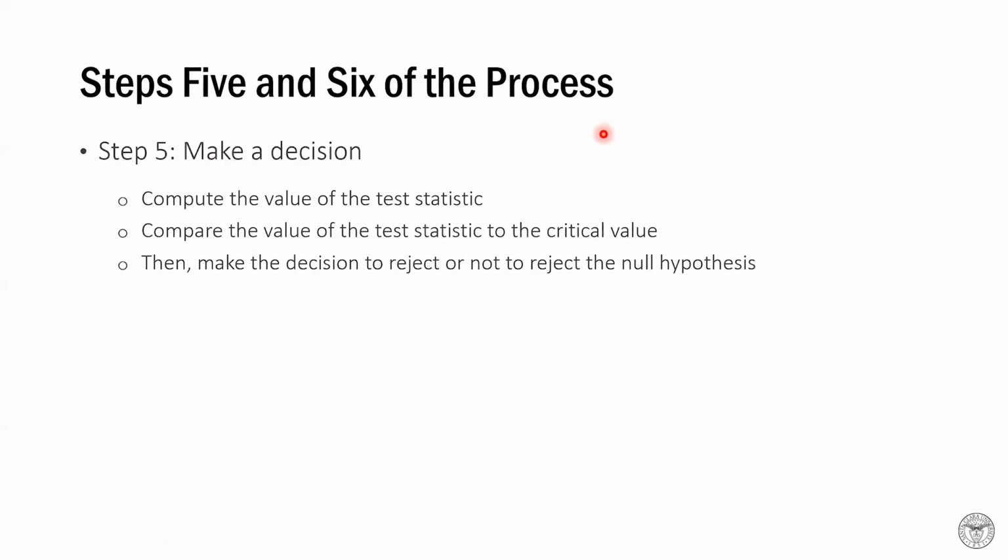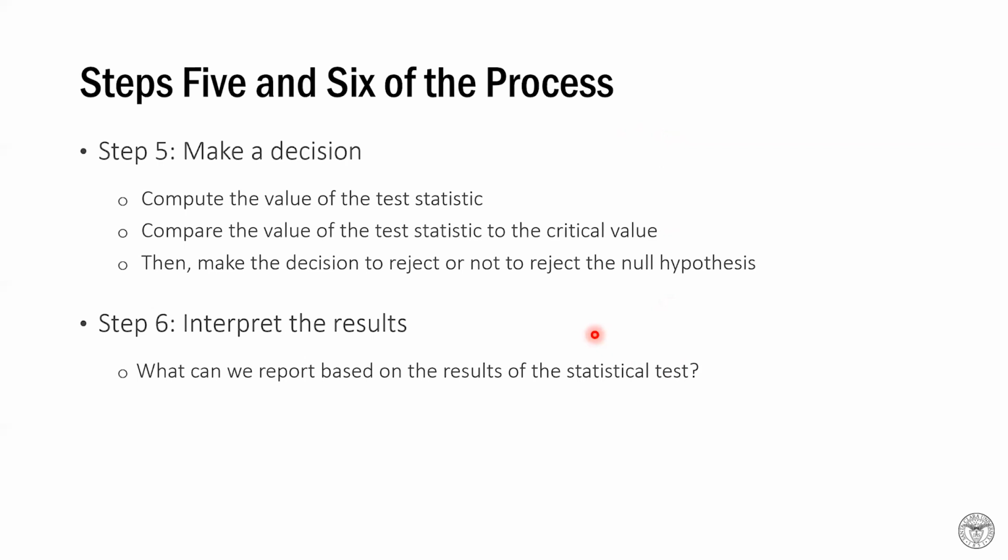In step 5, we compute the test statistic and then compare the value of the test statistic to the critical values. If the test statistic is in the region of rejection, then we can reject the null hypothesis.